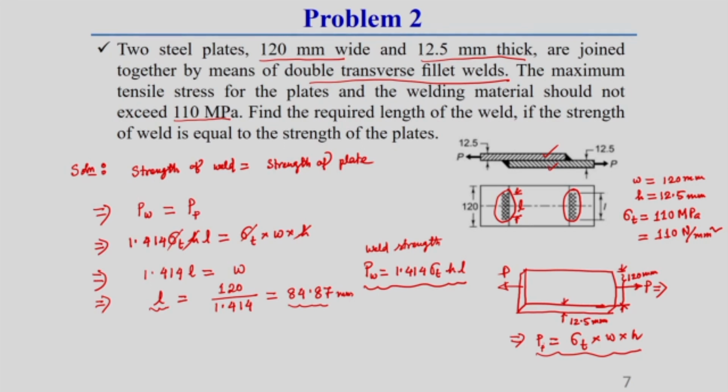But generally, considering the starting and stopping of the weld run, we have to add 15 millimeter for each length of the weld. So the final design length of weld will be L plus 15, which is 84.87 plus 15, giving 99.87, or you can consider it as 100 mm.